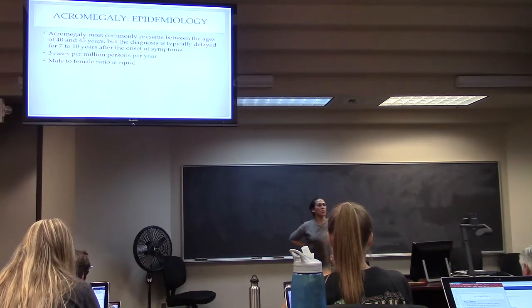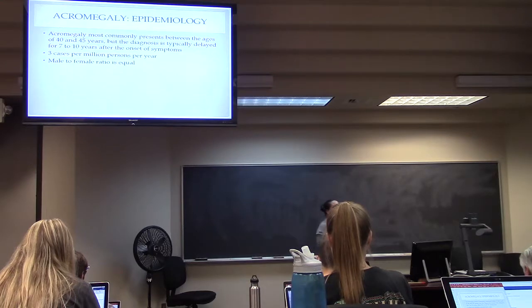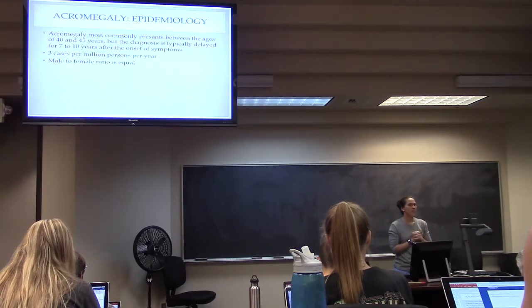Acromegaly is usually a later in life type thing. The average age is 40 to 45 years of age. That's the time period that you would see this come about.